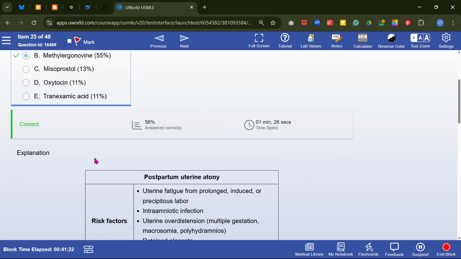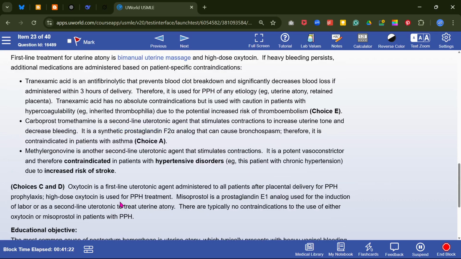Misoprostol, like option C. Okay, no contraindication. Misoprostol is used for induction of labor or as a second line uterotonic to treat uterine atony. Okay, misoprostol also can be used, though it is second line. There are typically no contraindications to the use of either oxytocin or misoprostol in patients with PPH. Okay, got it.